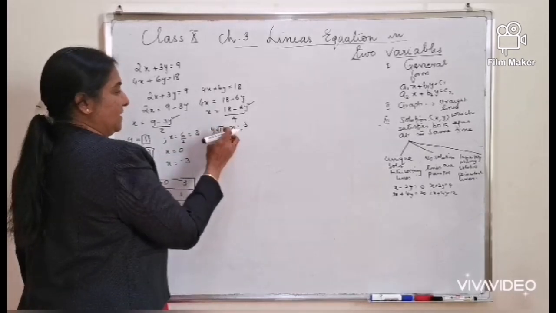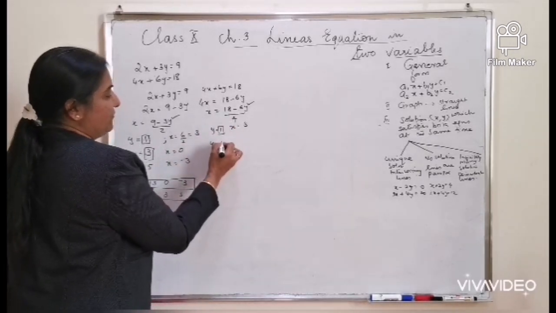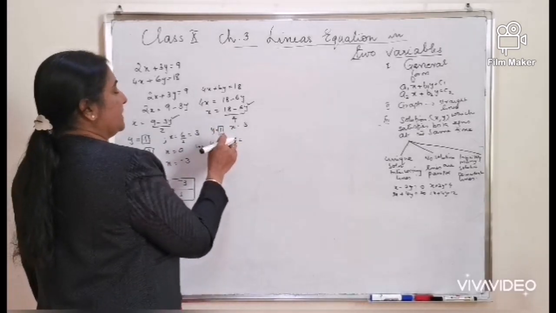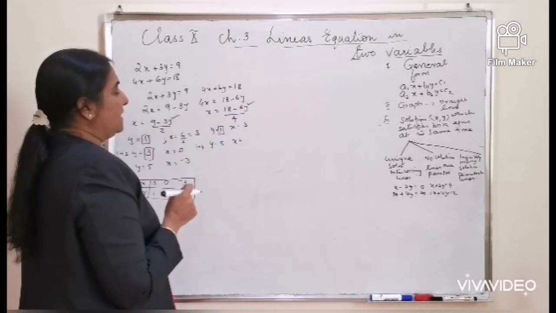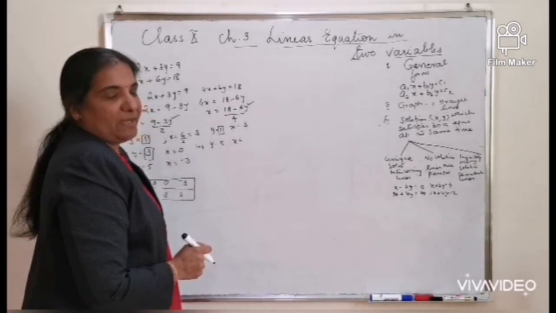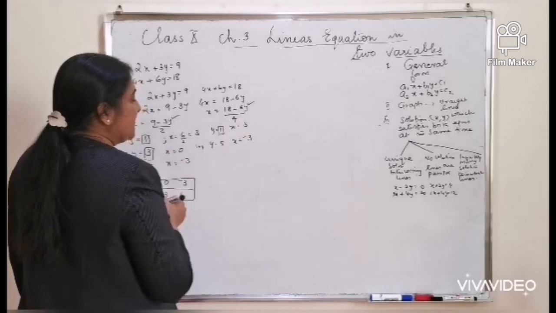Let's take the value of 1 plus 4, 5. X is equal to, you can calculate, 6 5s are 30, 18 minus 30 is minus 12, minus 12 by 4 is minus 3.